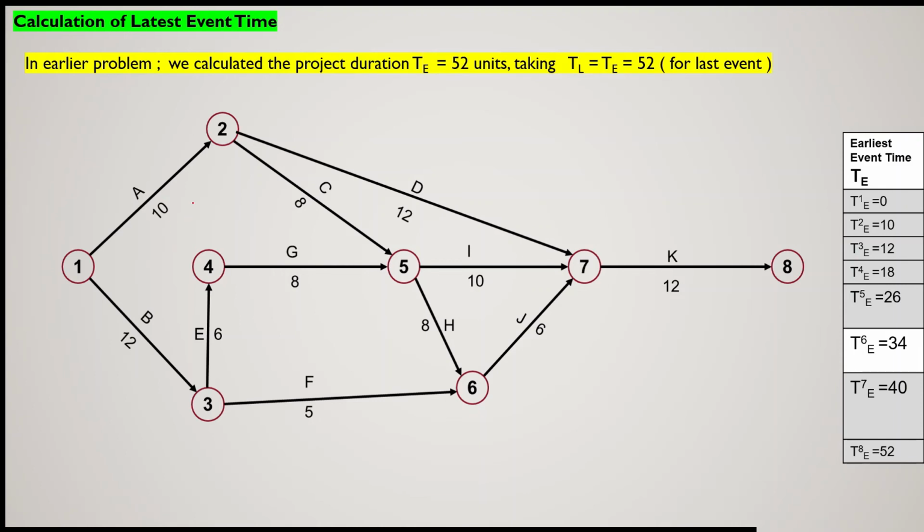The minimum time required is 10 days and the maximum is 14 days, and within 14 days we have 4 extra days. So we have flexibility in this time, but you have to keep in mind the latest event time of event number 2, which we are considering as 14. You can't go beyond 14 days, otherwise your whole network will be disturbed and your planning will fail.